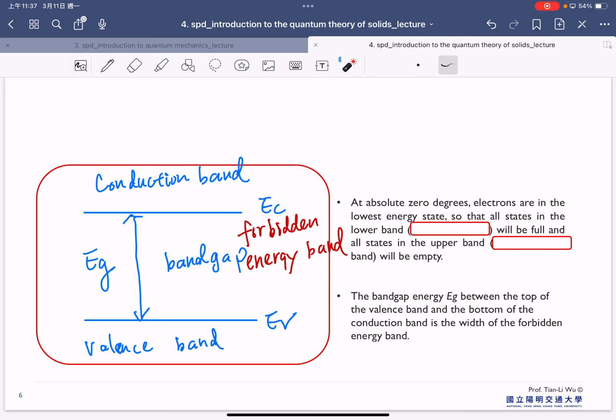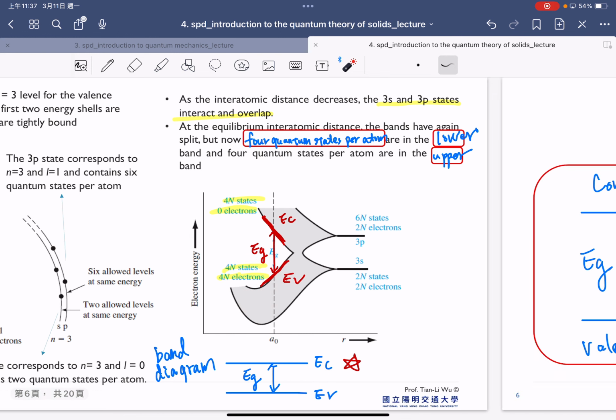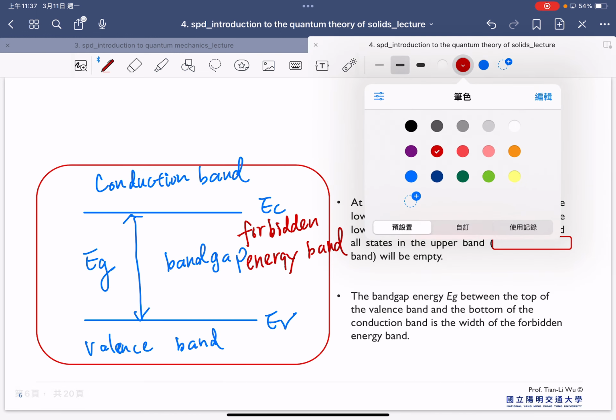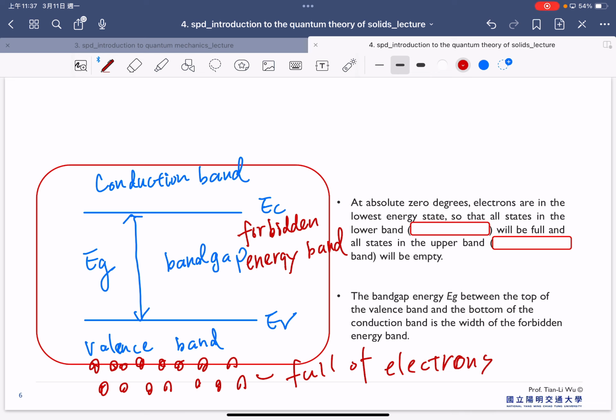And therefore, as already said, this graph is mainly transformed from here, and the bottom one is full of electrons. So the bottom is a place full of electrons, and the top one is empty.